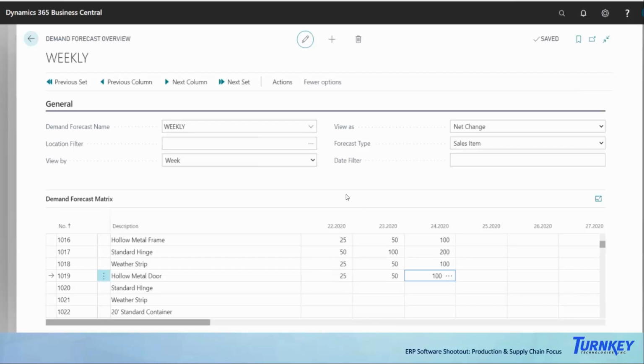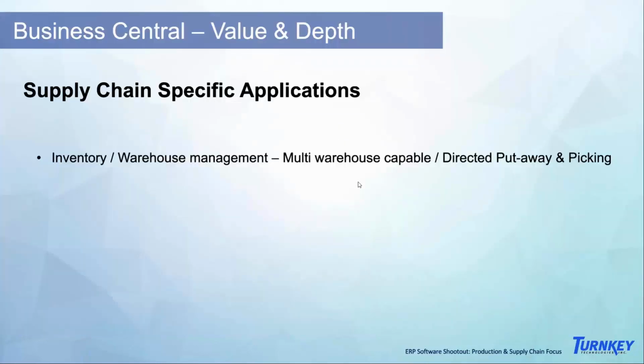Hey, I've got something coming up, a project or two. You need to be ready for that. So I can input an actual forecast and then again use that forecast in the demand planning calculation to say, hey, my history is not as relevant as it was. I also know something about the future, so I want to impact that in my planning.